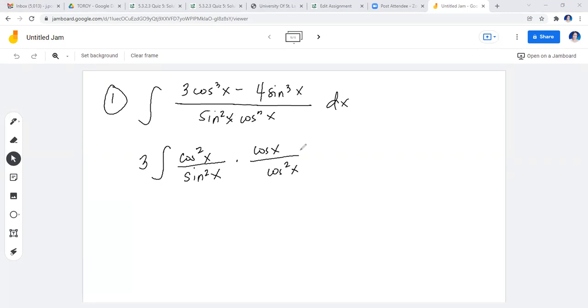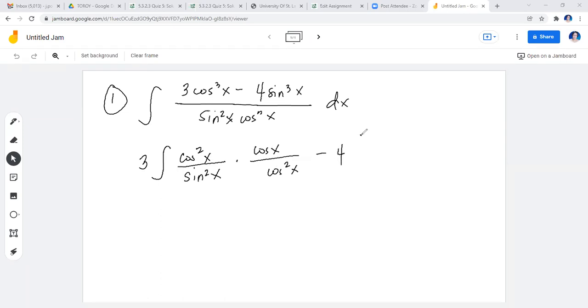You understand? I split these two and I split these two as well, so that you will understand why the solution in the slide is the way it is. Now, in the second integral, if you multiply these two, you will still have the original here.